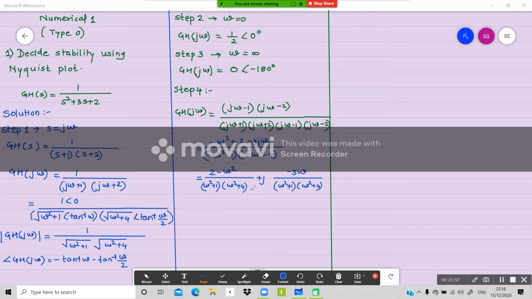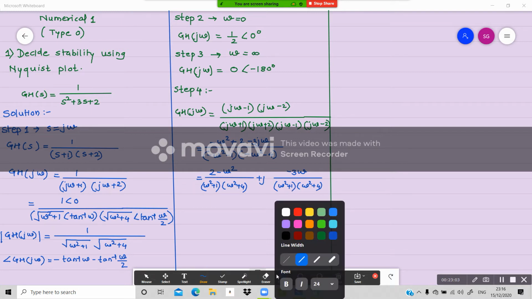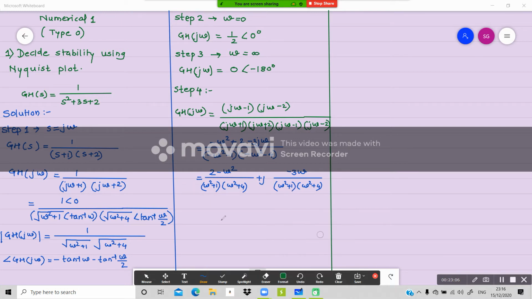So this is the real part and this is the imaginary part, and now we'll try to get the intersection with the axis also.